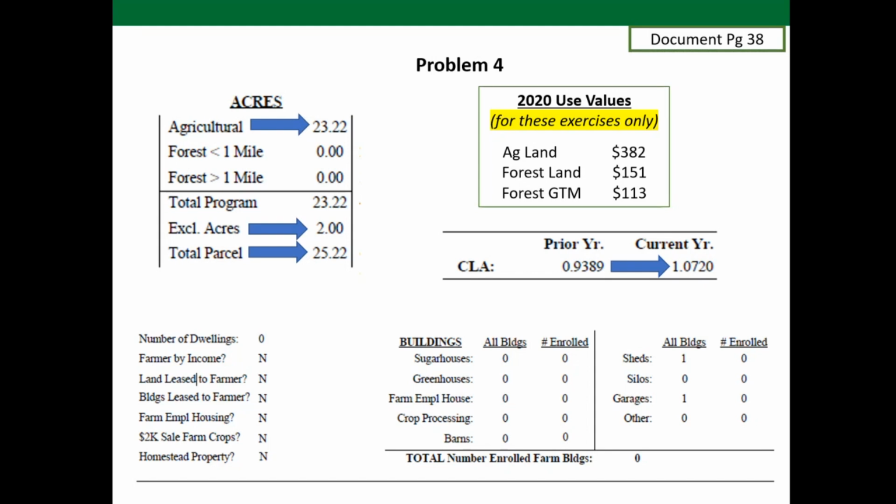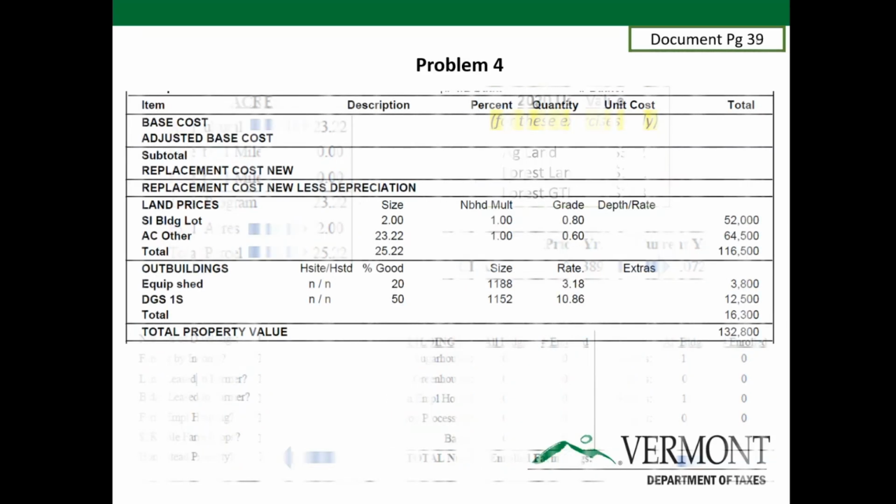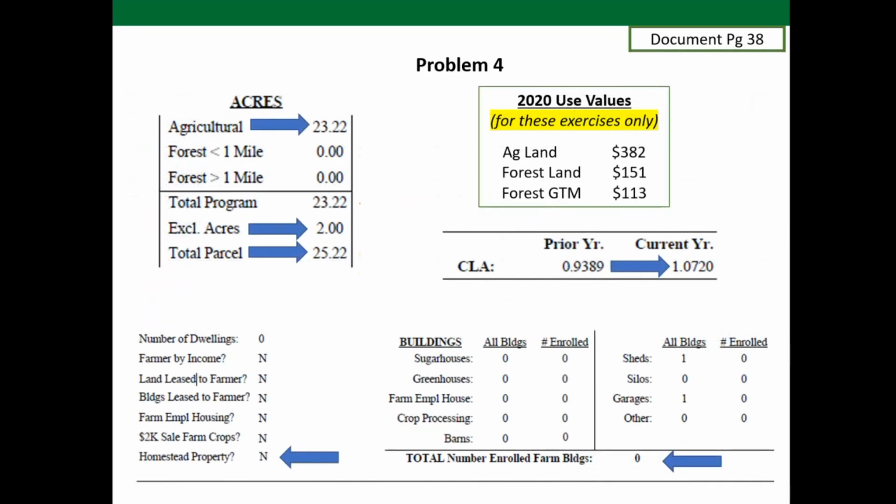Yours won't be different from parcel to parcel, but we did that to you for example purposes, just to keep you thinking. Okay, so 1.0720. And then there is no homestead declared on this property currently. And there are also no enrolled farm buildings. So these are the kind we like because it's going to be pretty simple, right?